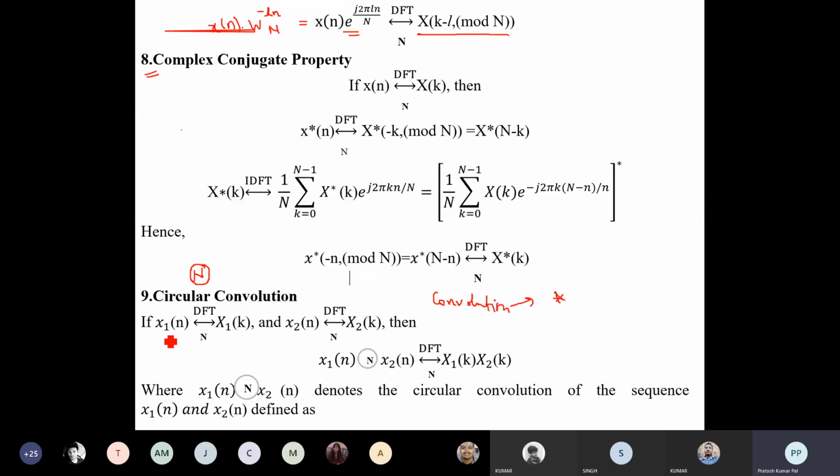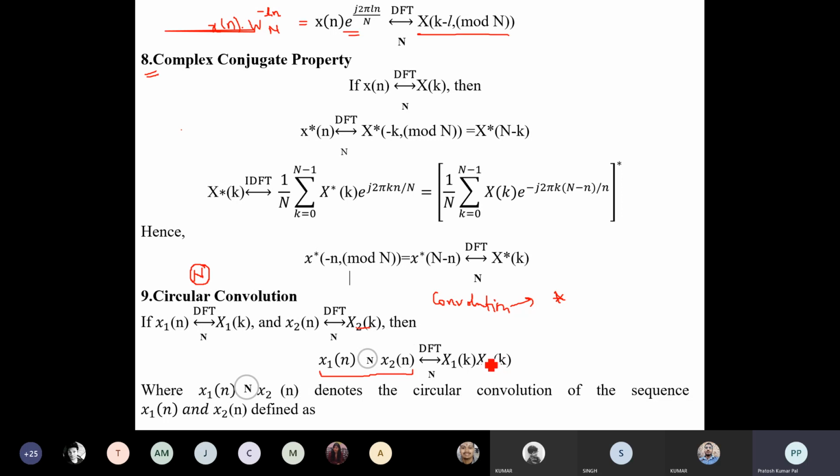Okay, so if two signals are there, x1 of n with DFT x1 of k, and signal x2 of n with DFT x2 of k, then we need to find the circular convolution of x1 and x2. This is the representation of the circular convolution of x1 and x2, and its DFT will be equal to x1 of k multiplied by x2 of k. Okay, the same we have gone through in the previous property.